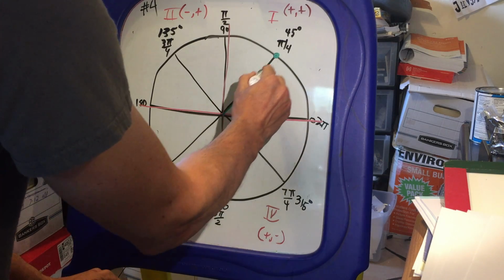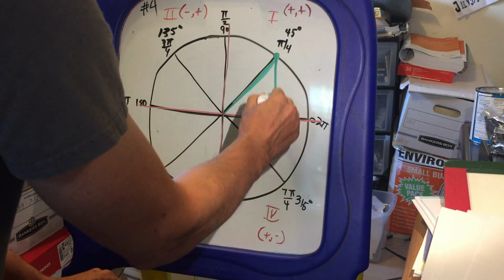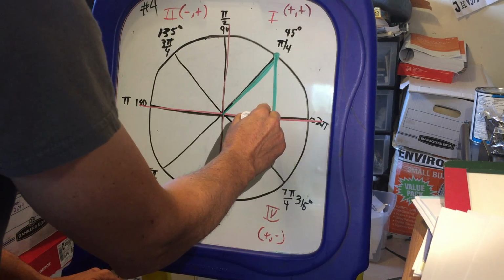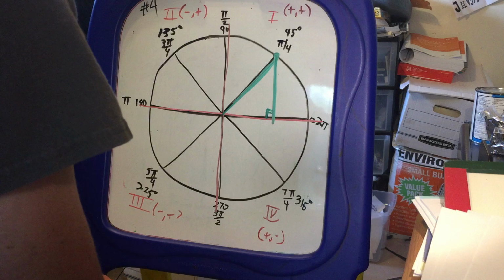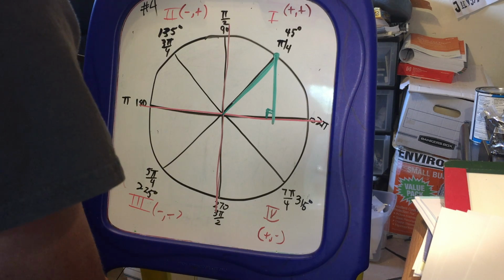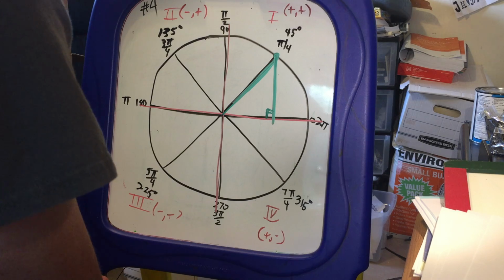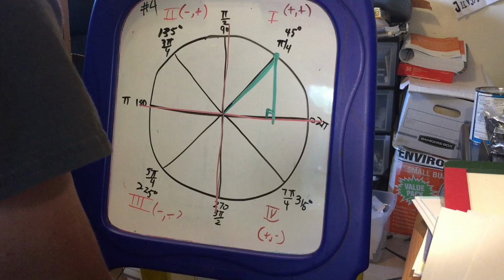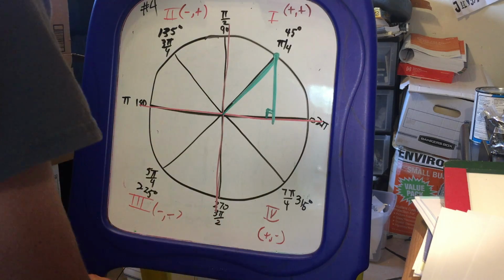Well, you draw a triangle called a reference triangle. And when you draw a reference triangle, you're always going to have a right triangle. And that right triangle is either going to be 45, 45, 90, or it's going to be 30, 60, 90. One of those. In what I set up here, these are all going to be 45, 45, 90, but here's the reference triangle.